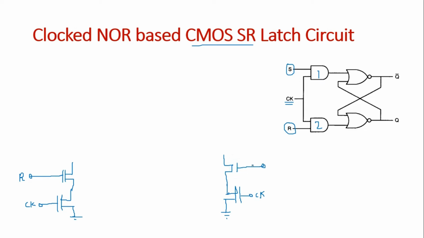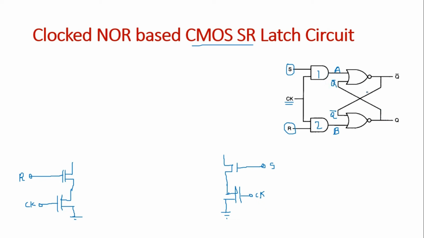This is the S. These are all NMOS transistors. I am drawing the pull down network. Now after completing all this, the next point is, let's say this is the A point, this is the B point. Here we have another input, that is Q bar. Here we have a Q, it is a Q.